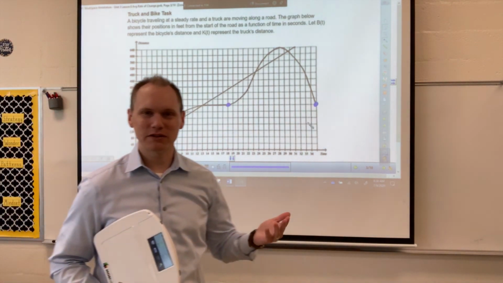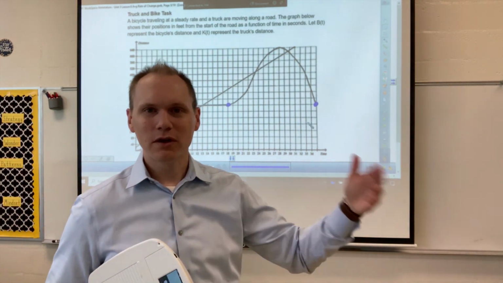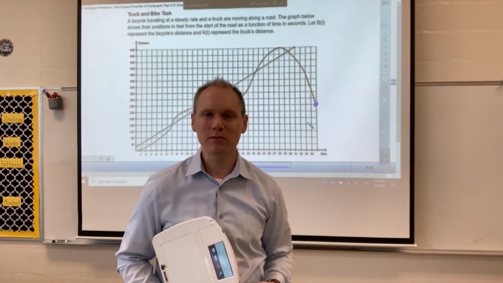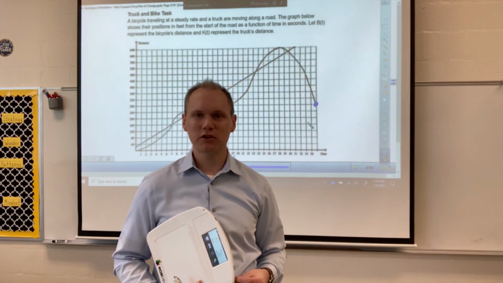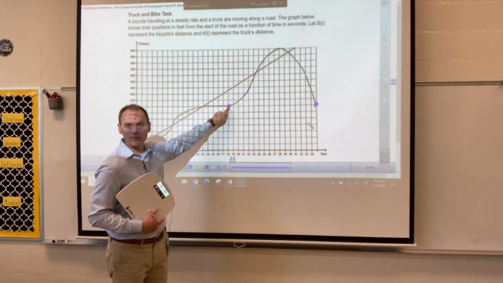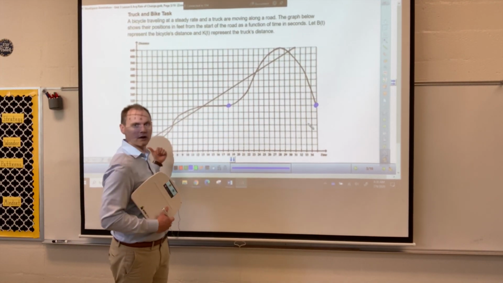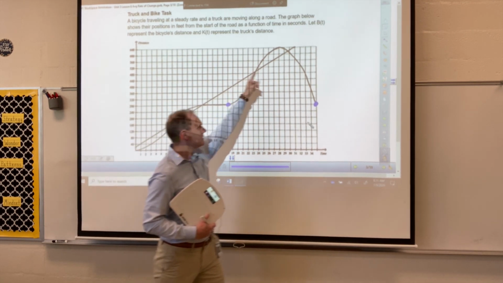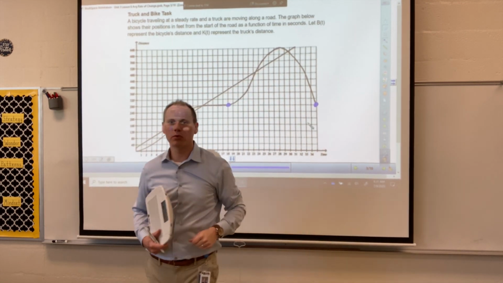That's a weird concept because he did travel in that time interval, but in terms of his position, he started at 280 feet away from the original starting point, and he ended 280 feet away from the starting point.